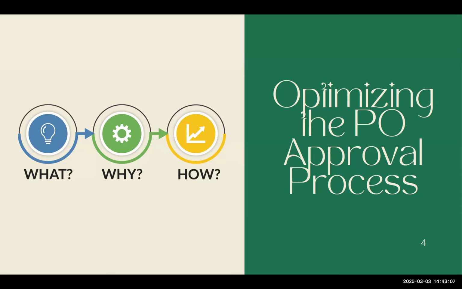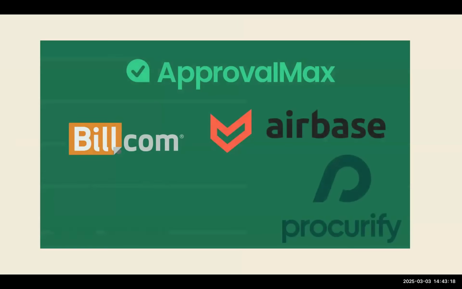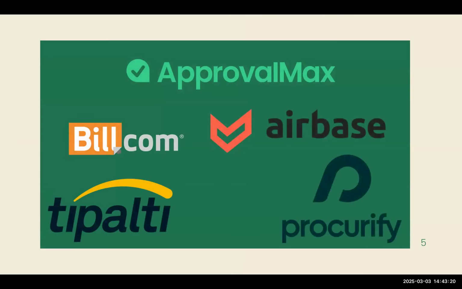We can start using an approval workflow app. These are some recommended apps that are compatible with QuickBooks. Tools like Approval Max, Bill.com, Airbase, or Procurify integrate with QuickBooks to create a customizable approval workflow and set up multi-level approval by defining who needs to approve what. Then let the system automatically route the purchase order for you.